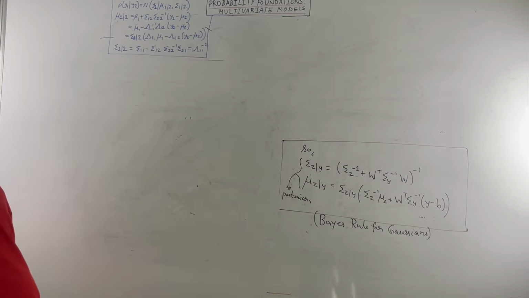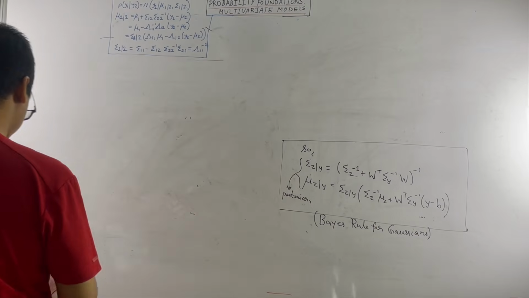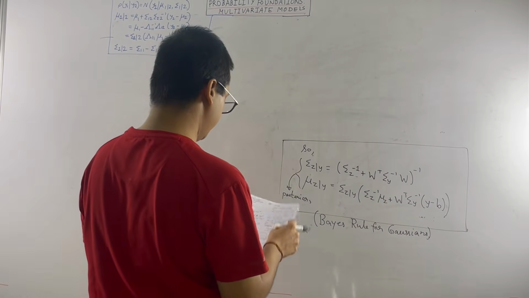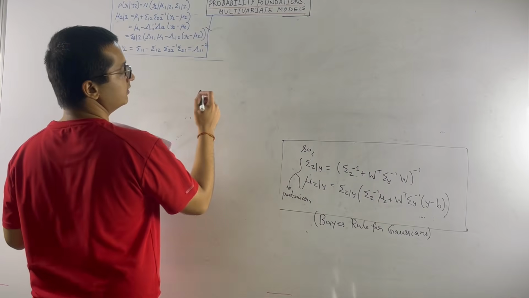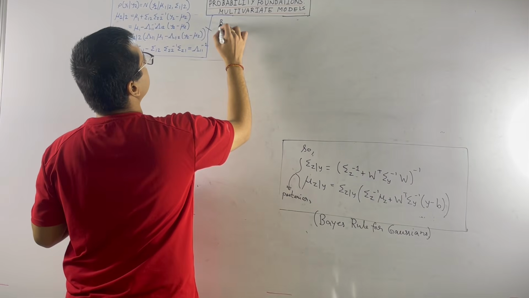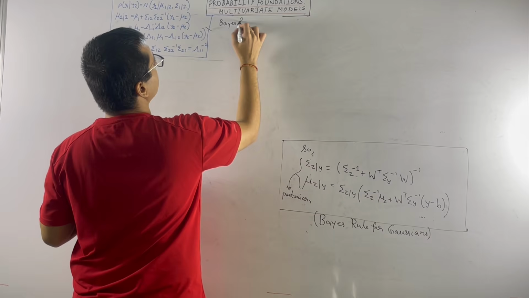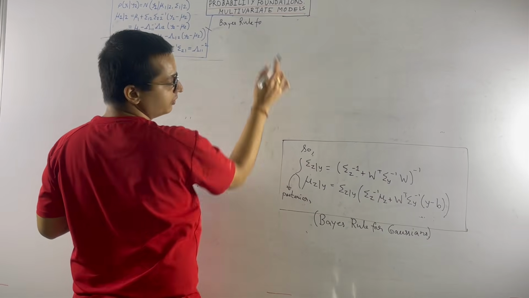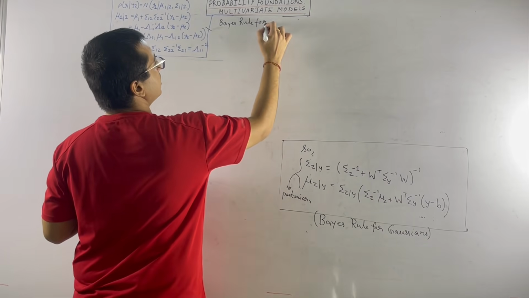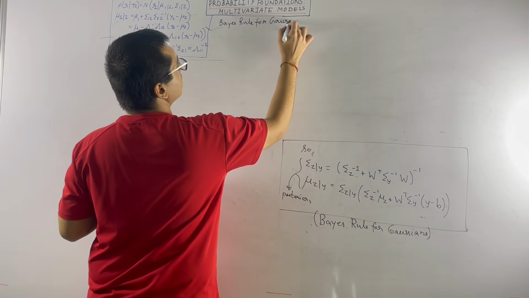So Bayes rule for Gaussians, if I just write down again the formula, all right. Bayes rule for Gaussians, because we will use this formula further. So I'm just writing it here.